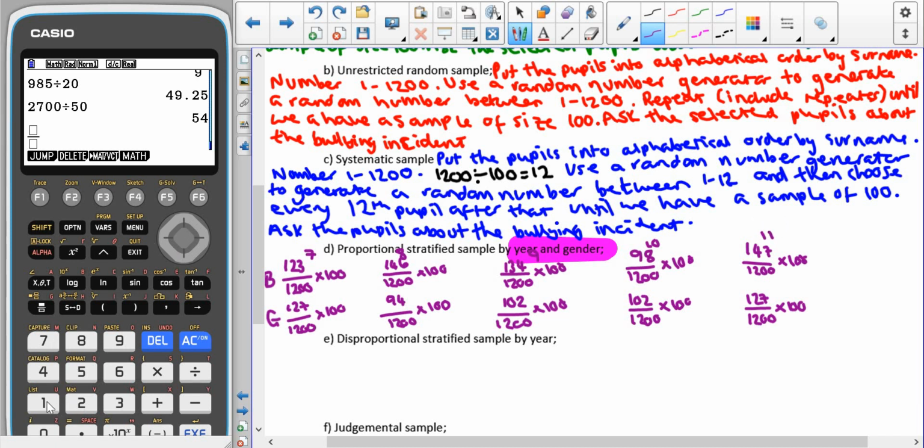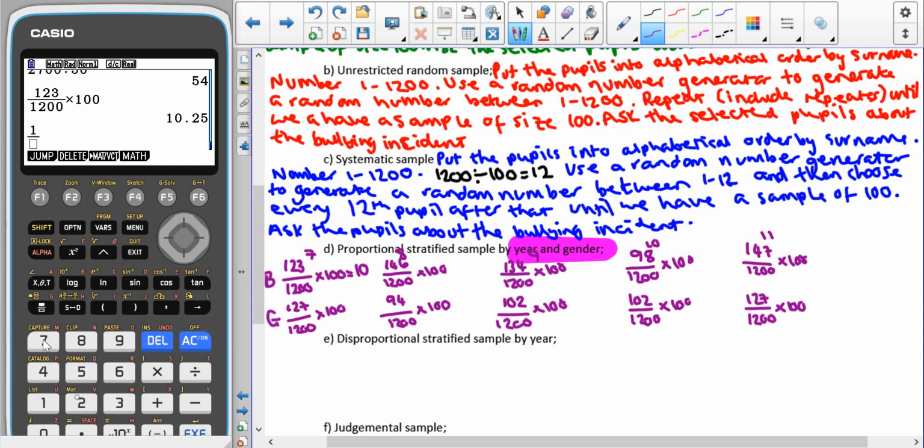So for the first one we have 123 divided by 1,200 times 100 gives us 10.25, which we can then round to 10 because we can't take a quarter of a person. So we'll have 10 from year 7 boys.